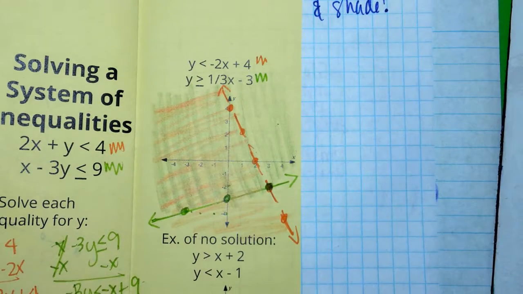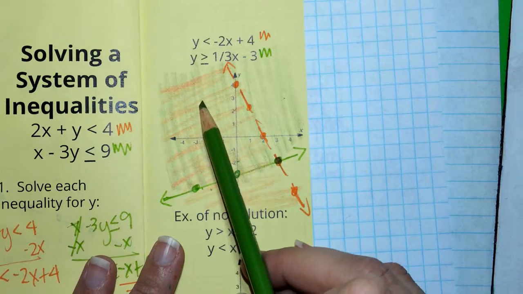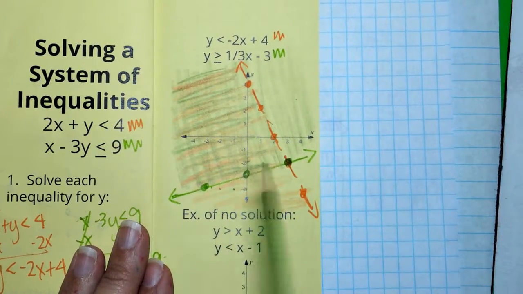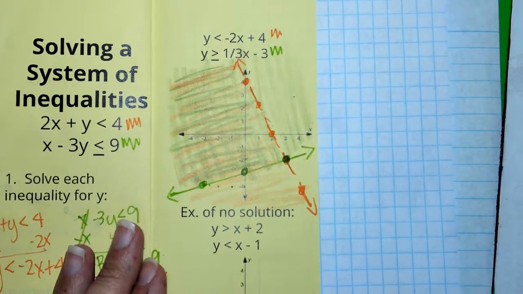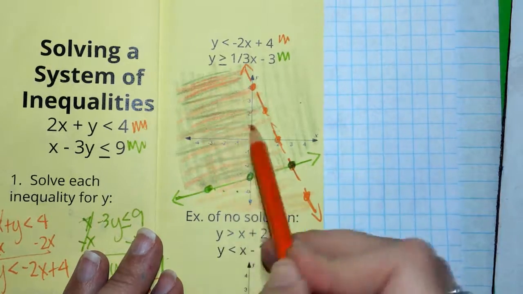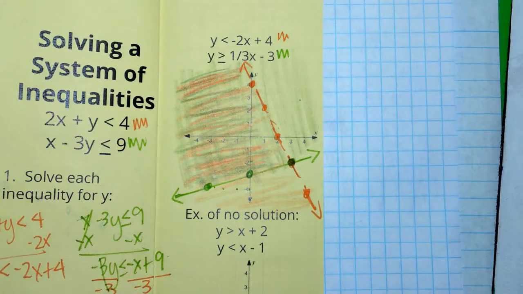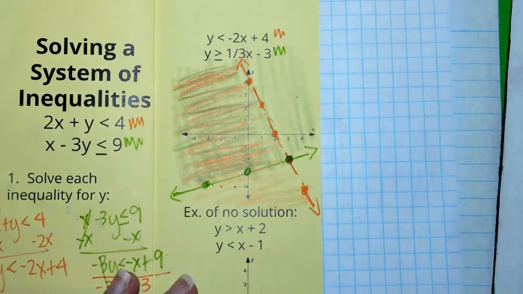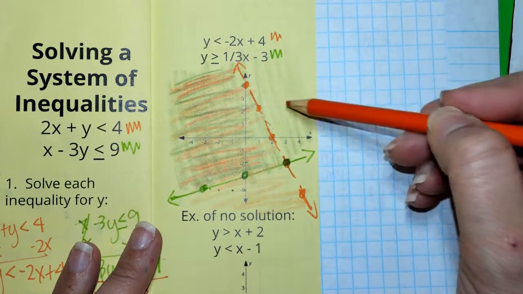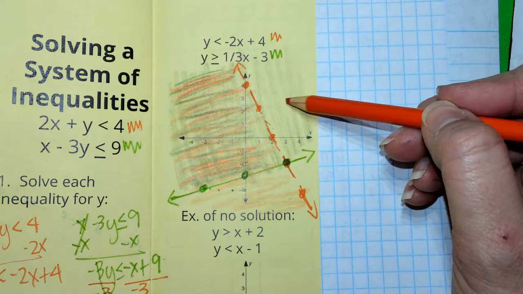Now, we need one more point. Do you see where the colors overlap? Yes. Those are your solutions, so darken it in. So where the colors overlap, that's the solution to your system. And then you're done. So any point in that region is a solution. Now, who can tell me why this section of green right here is not a solution to both?